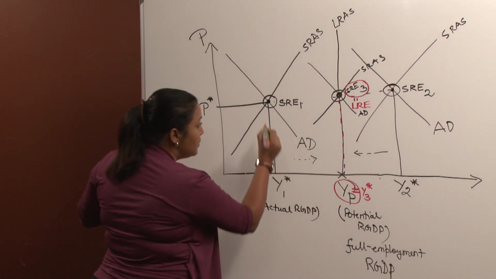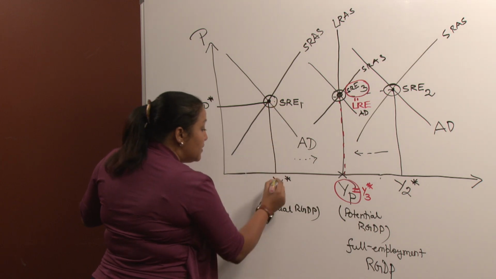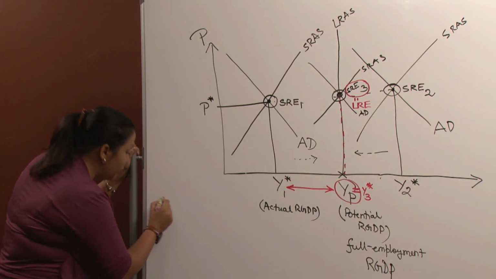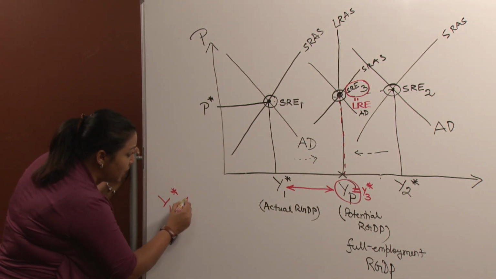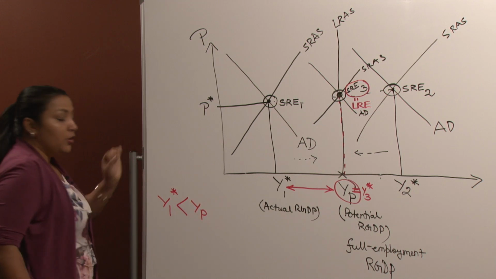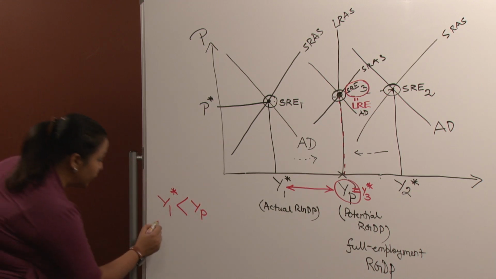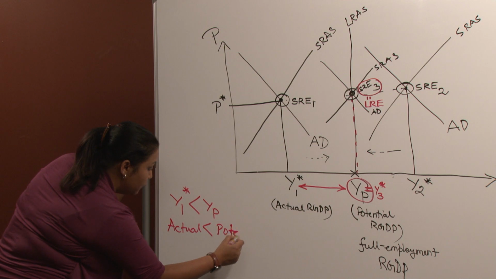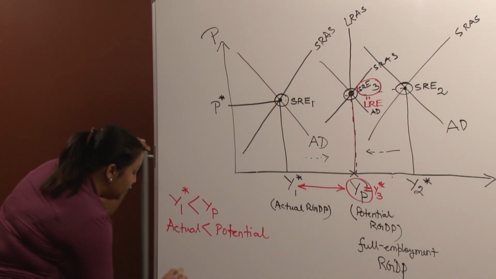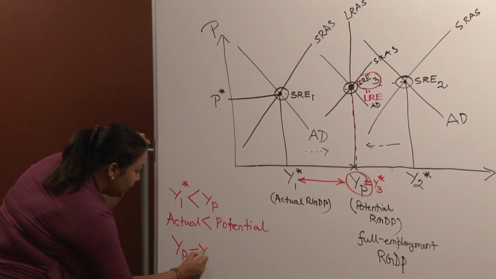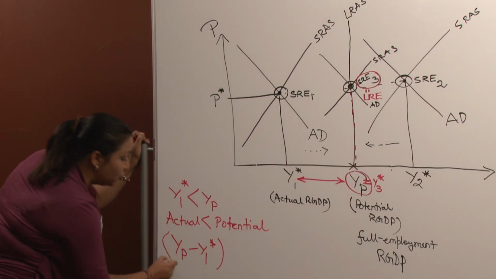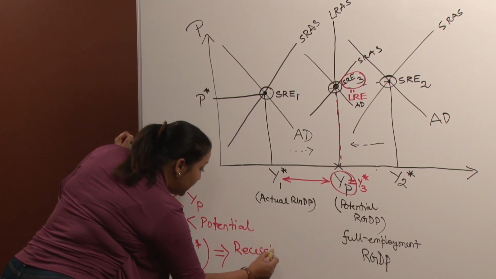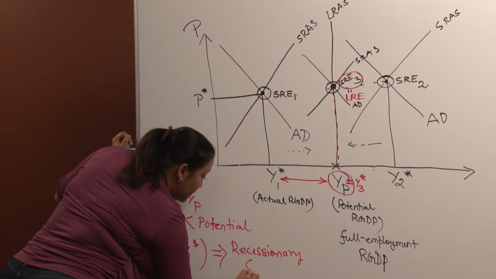So, whenever you are in a situation like SRE1, such that your actual real GDP is less than the potential, your Y1 star is less than your YP, then the gap between the potential and the actual is known as a recessionary gap. The gap in the output, the gap in the real GDP, is called the recessionary gap.